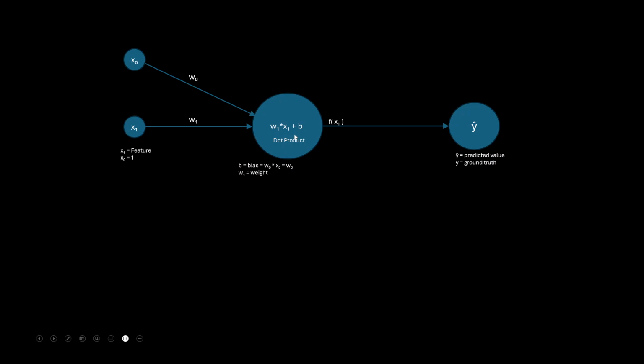Once that's done, we know what the bias is, we know what the weight is, and now the perceptron can actually provide a prediction for a specific input.